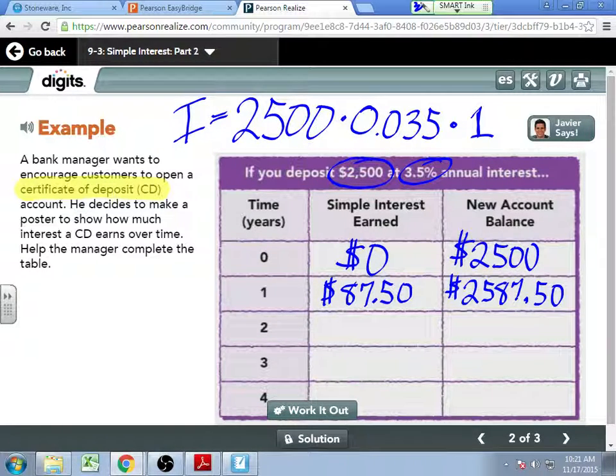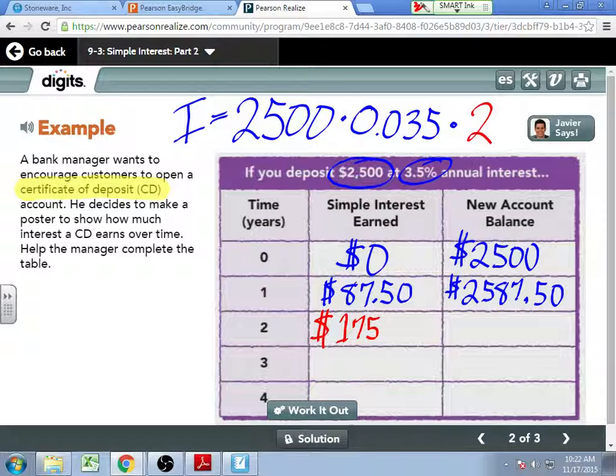Now, I need your attention up here. Interest, when we compute this left-hand column, is how much interest I've made total over that amount of time. So when you plug in a 2 up here, I now get an answer of $175.